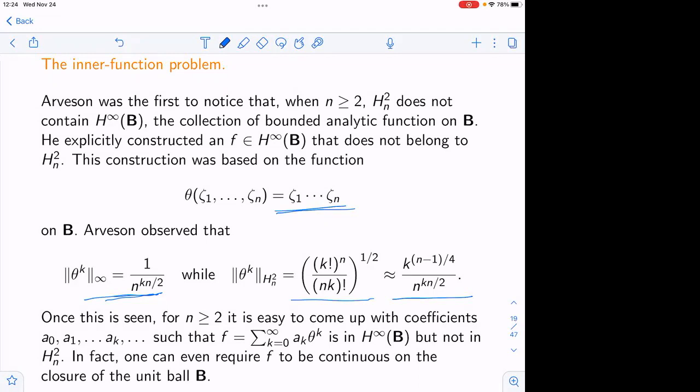So this tells you that whenever n is greater than or equal to 2, you just use this difference in norm. It's quite easy to construct functions that are in H infinity, but not in the Drury-Arveson space. And you can even make this function norm on the closure of the unit ball.